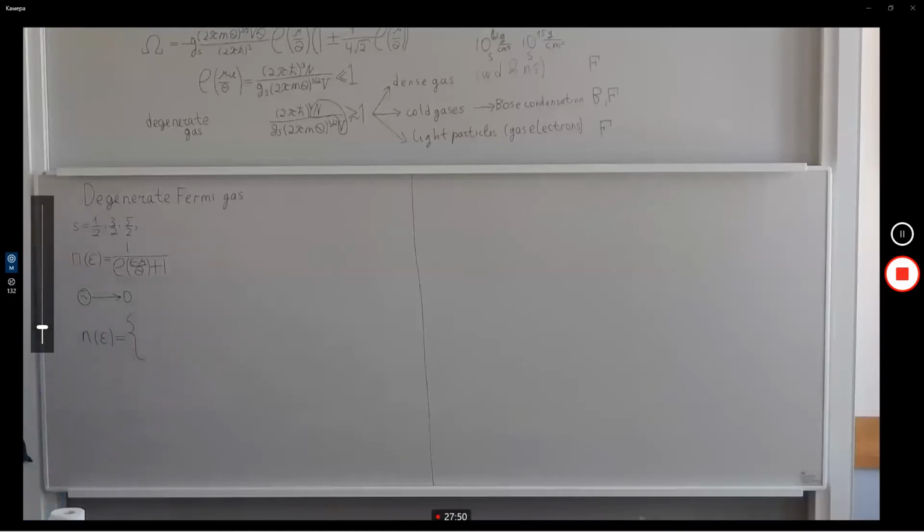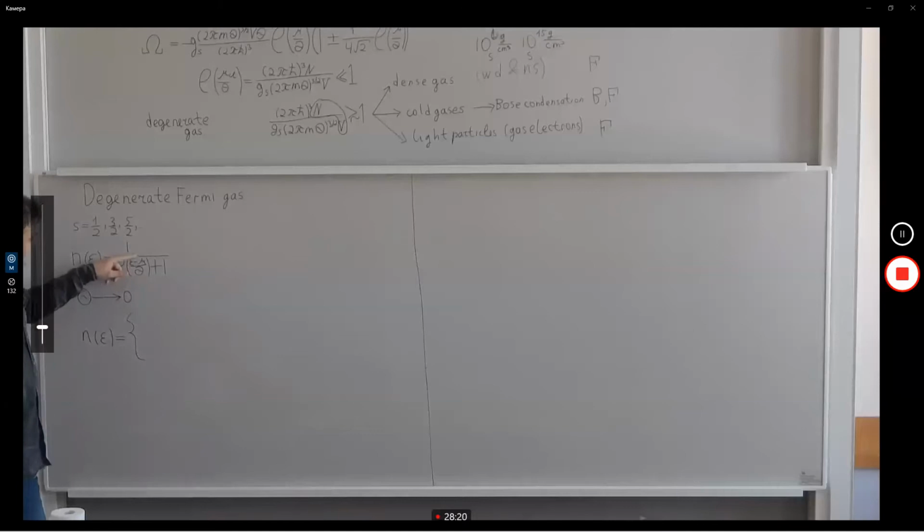So let us first take very small energies. Let's say equal to 0. We expect that for small energies, this difference is a negative number. So epsilon is less than mu.